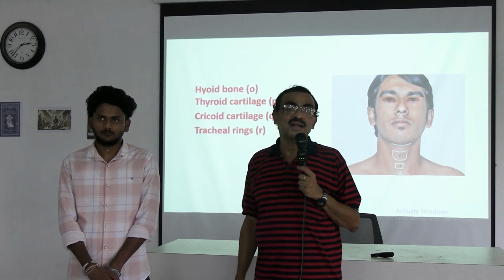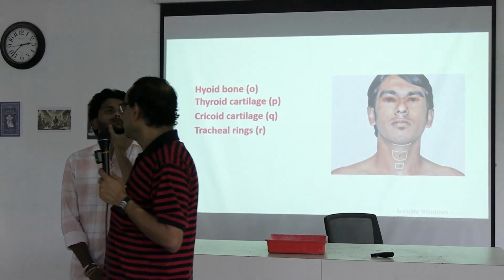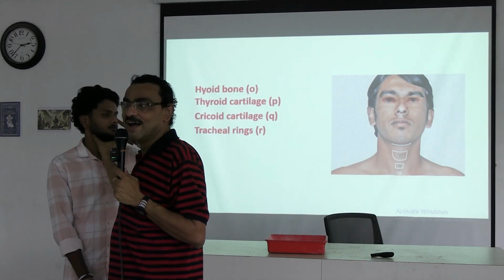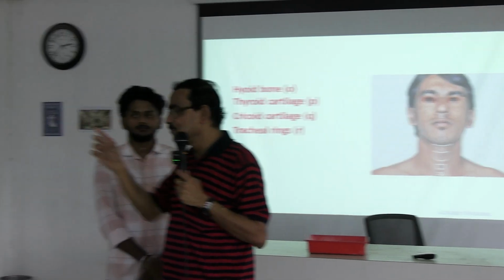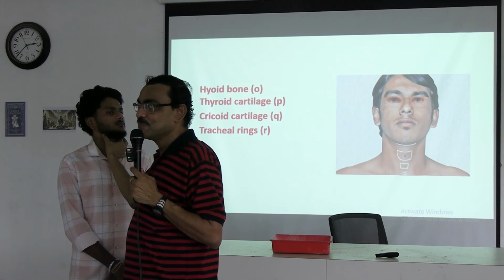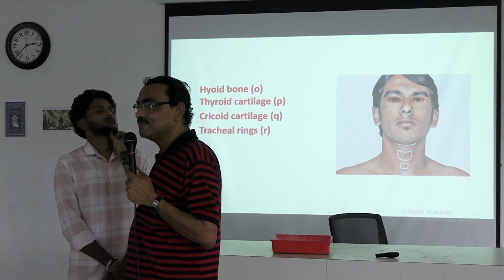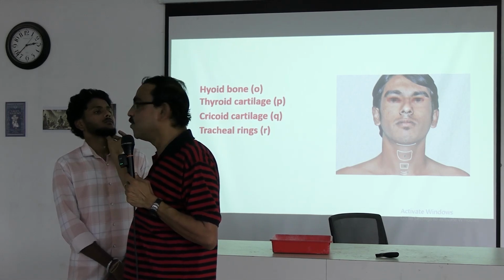Tip of the greater cornu of the hyoid. If we try to throttle a person, what will we do? We will use these two fingers. Just below the symphysis menti, we can find one bone, that is the hyoid bone.